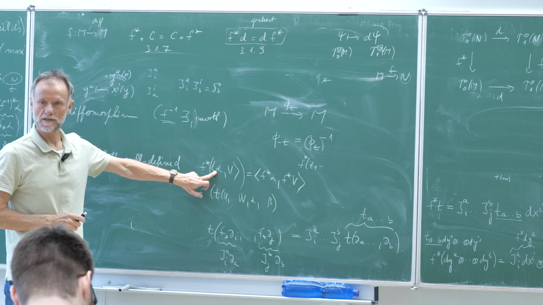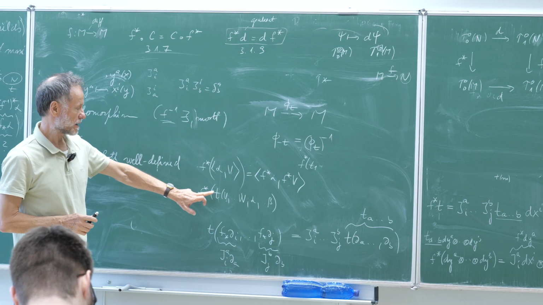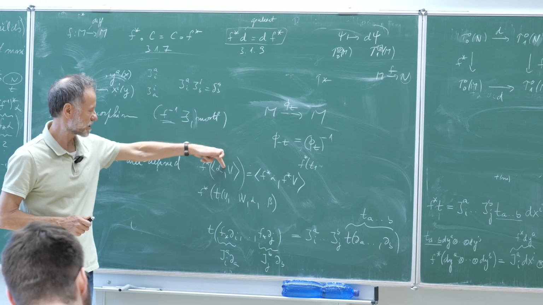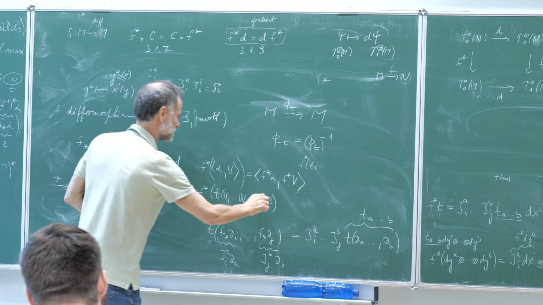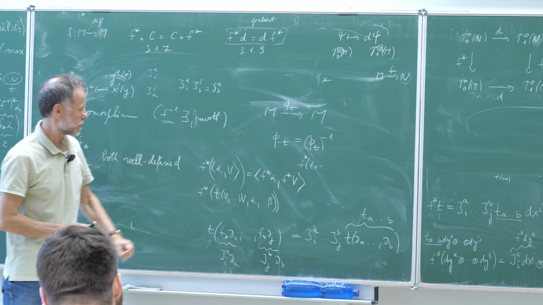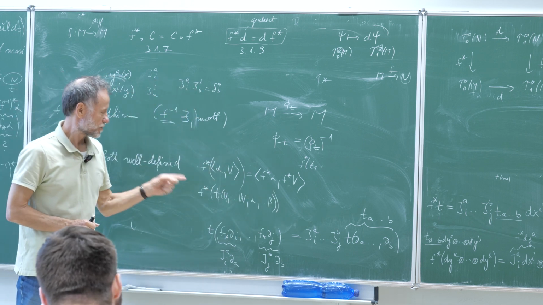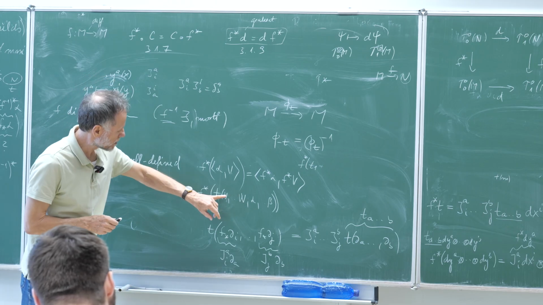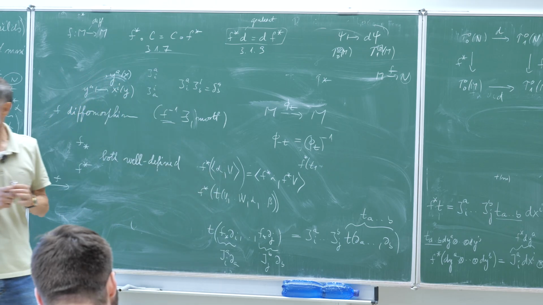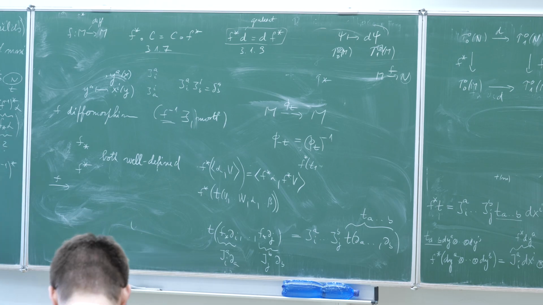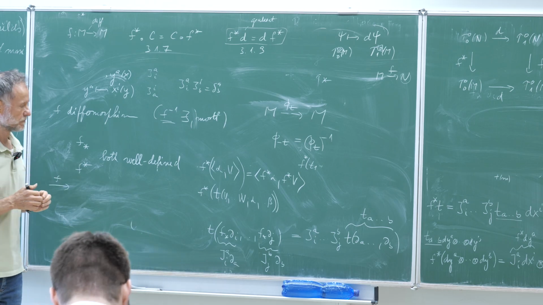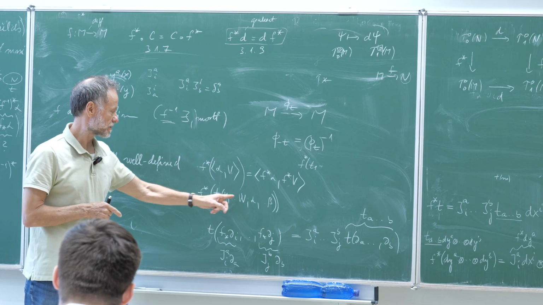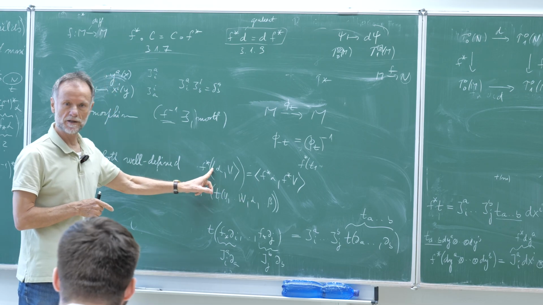This is a special case. Can you tell me what the tensor is here? The claim is that this is a special case of this. What tensor T should you put there in order to come from here to here? What tensor T, when evaluated on one vector and one covector, gives you this bracket?